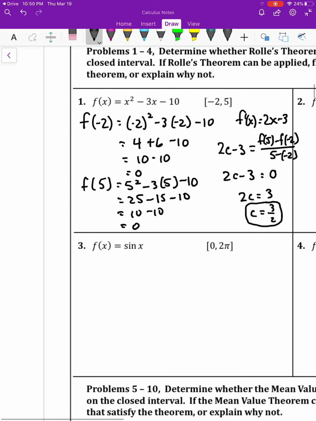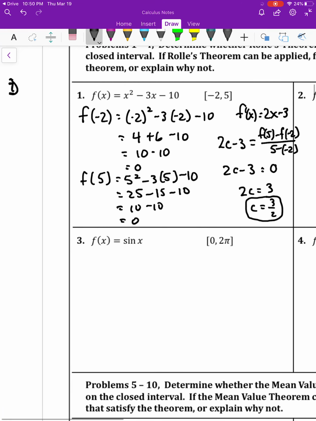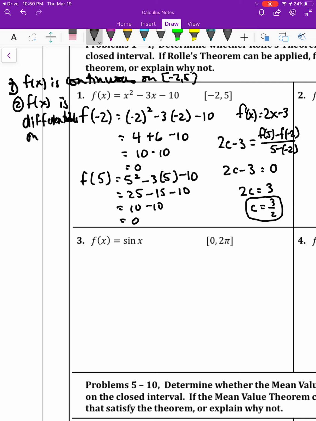So on this one, I'm just going to go over to the side. So number 1, try and do this. f of x is continuous on [-2, 5]. f of x is differentiable on (-2, 5) because it is a polynomial function.